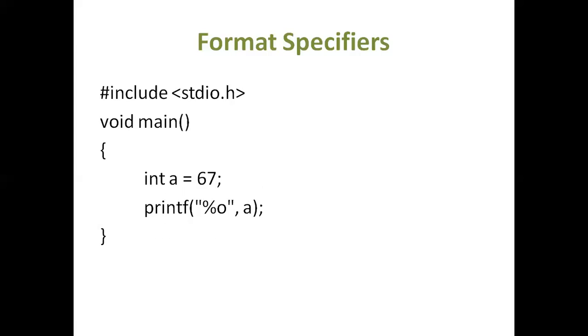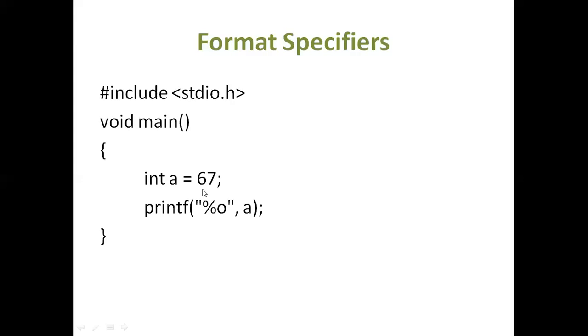Now in this program, again you can see we have declared a variable which is integer type. We have given it the name a and initialized it with 67. But this time I am using the format specifier %o. And you know that the o represents octal here, which is a different number system.